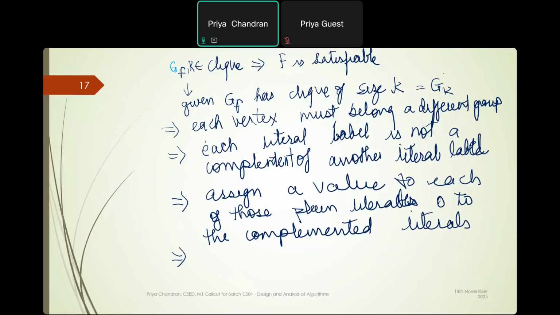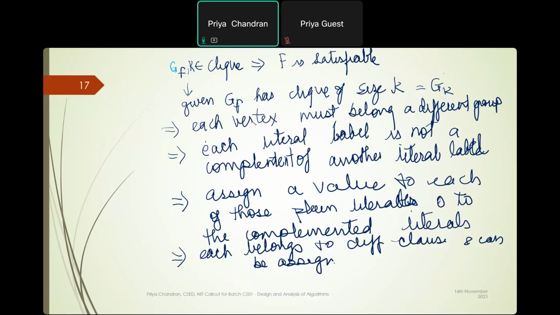This implies that each of them belongs to a different group and each of them forms a 1 in that clause, belongs to a different clause, and can be assigned a 1.